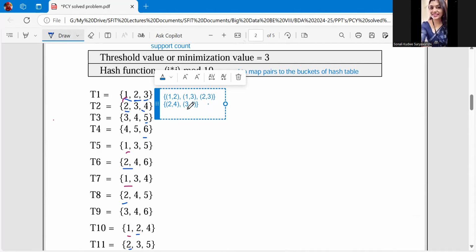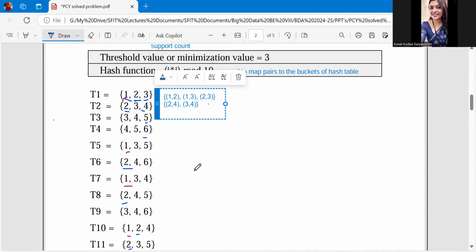So 3, comma 4 will not come into the picture. So you have to be very careful while drawing these candidate pairs from the individual sets, because if the item is not frequent, you don't have to consider it for the candidate pair either. Here we don't have that problem because all our items are frequent item sets.